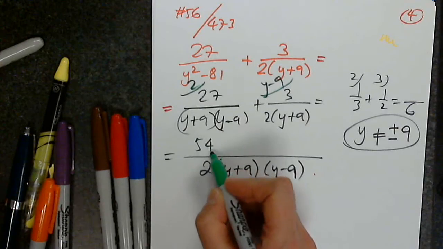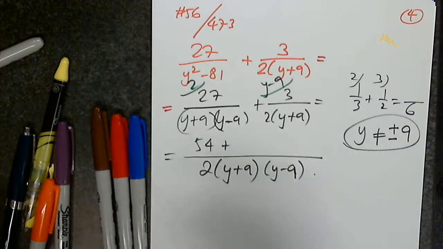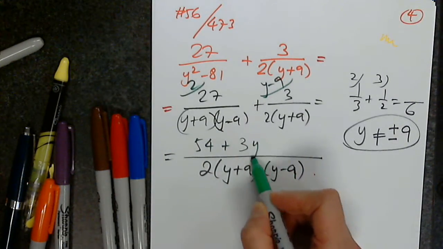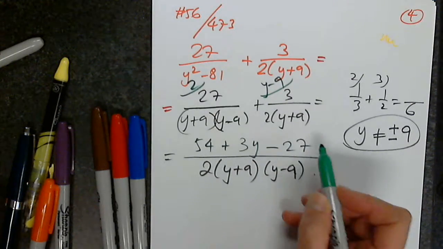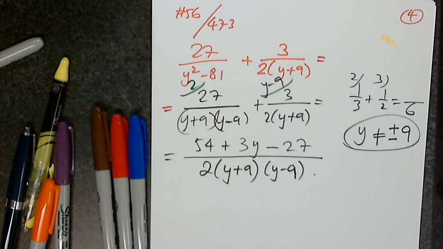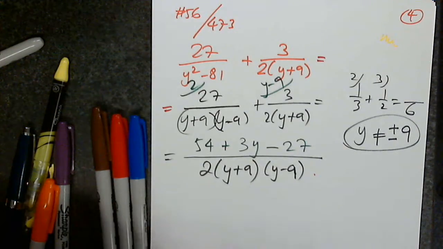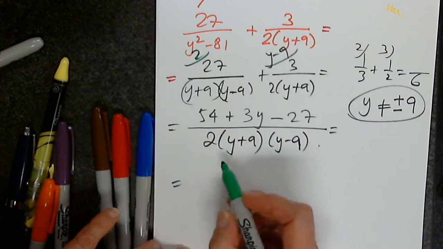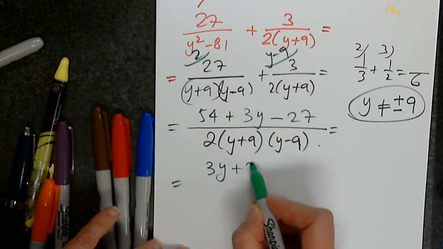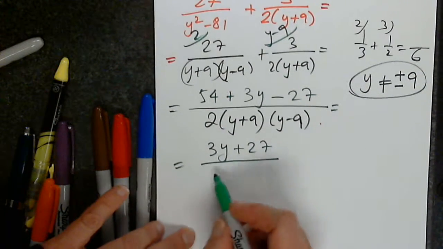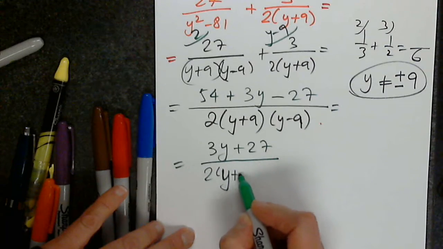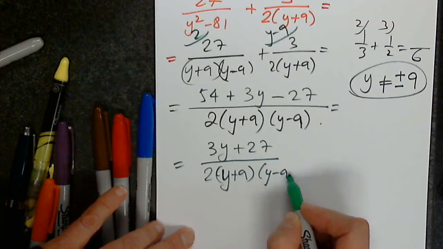What is the numerator now of the new fraction that we just started working on? 2 times 9 is 18... no, 54 plus 3y minus 27. Very good. Do you all agree with 54 plus 3y minus 27? Okay, so now we combine like terms and we get 3y plus 27 over 2(y plus 9)(y minus 9).